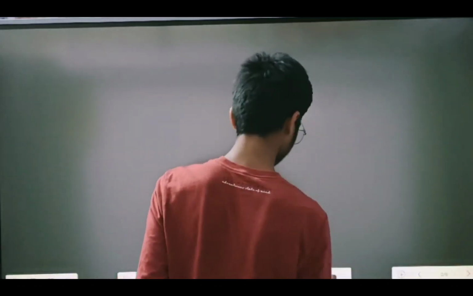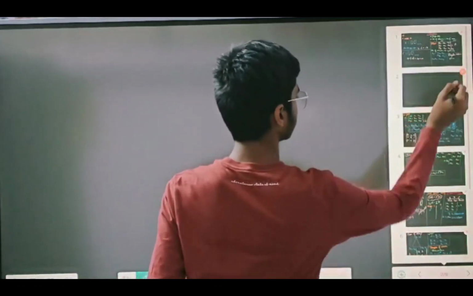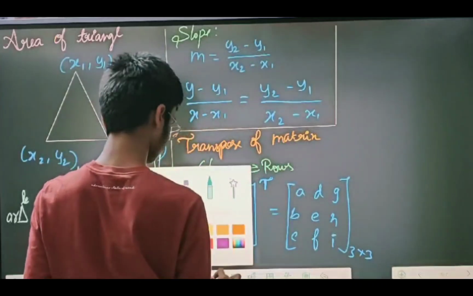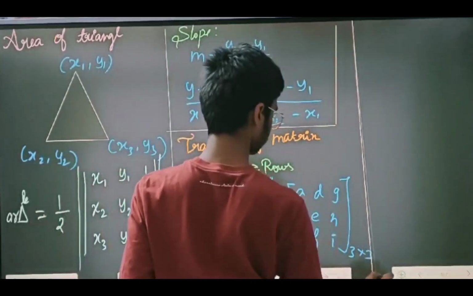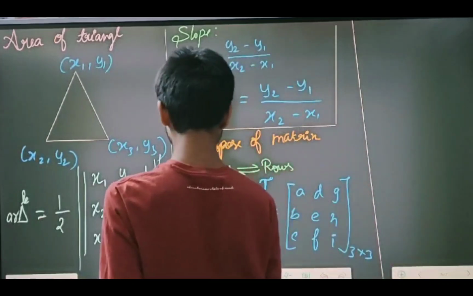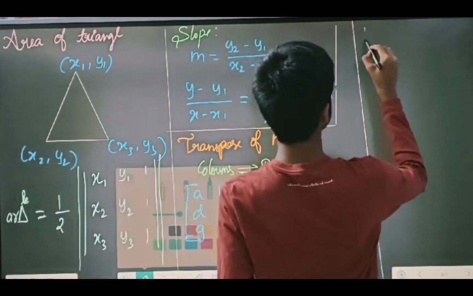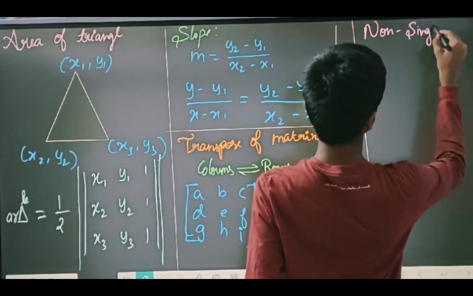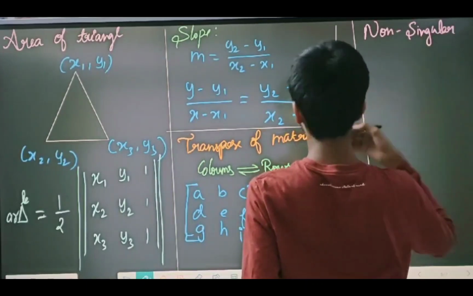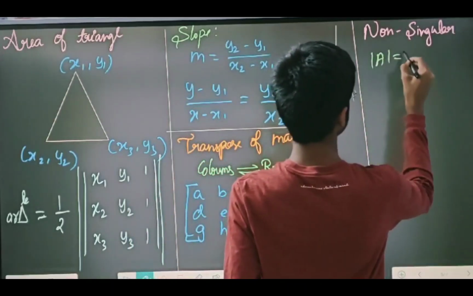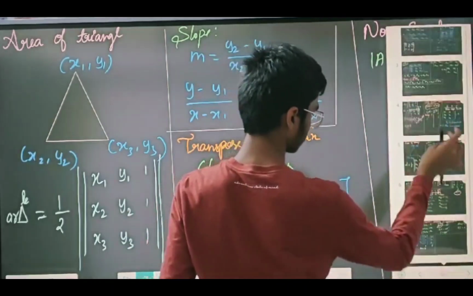And if that matrix determinant is not equal to 0, then that is known as a non-singular matrix.